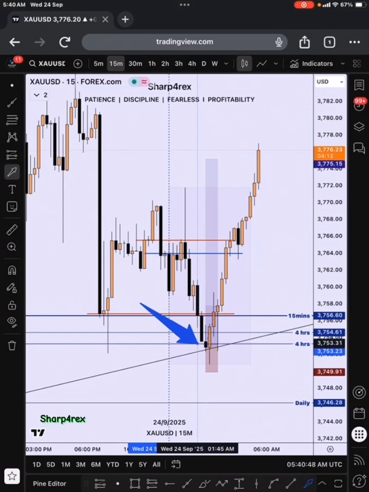And I was waiting. Then it closed here, started going up. So I took one entry here just before the 53, around 3754, about 7 or 8 pips difference. Then I waited, and this one also triggered. But what did I do?